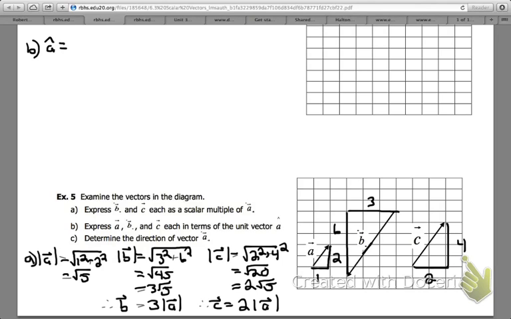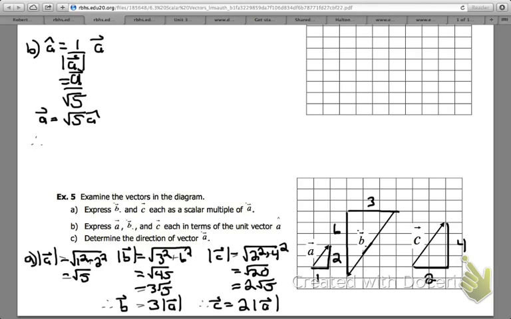Now recall a caret is just going to be equal to 1 over our magnitude of a, multiplied by our vector there, so it's equal to our vector a over root 5, which we can rewrite our vector a in terms of root 5 a caret, just by doing cross multiplication there.